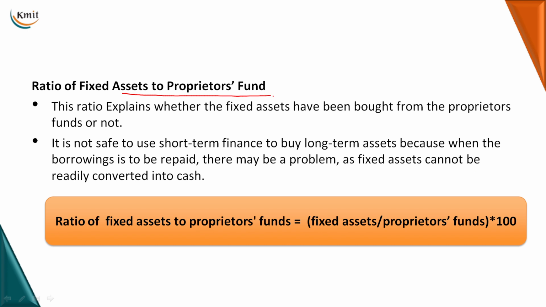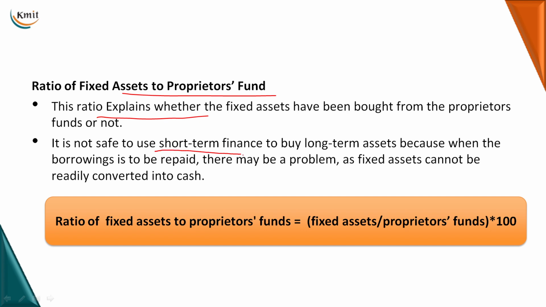Ratio of fixed assets to proprietors funds. As we just learned, total assets include both fixed assets as well as current assets. So separately we are going to find the ratio of fixed assets to proprietors funds as well as current assets to proprietors funds. This ratio explains whether the fixed assets have been bought from the proprietors fund or not.